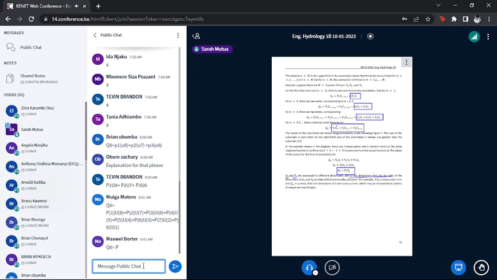And Obure Zachary, if you can speak, you can tell me which part you want explanation for, so that when we come back, we are going to concentrate on that part. Obure Zachary, which part do you want explanation for?